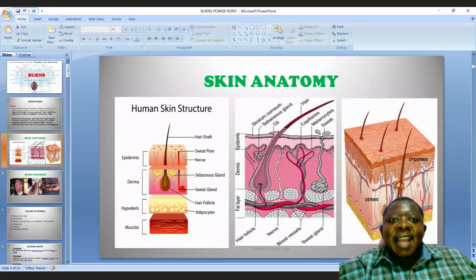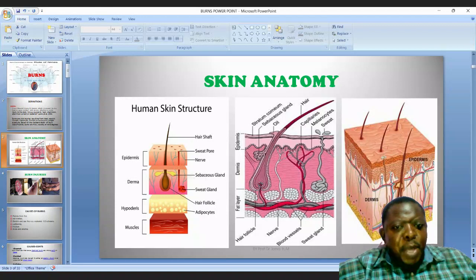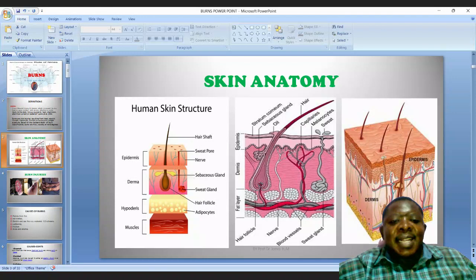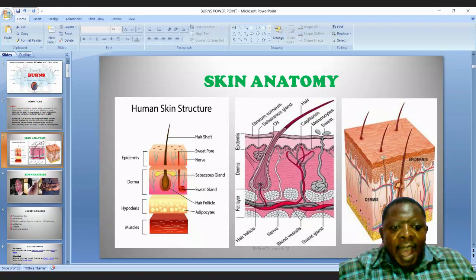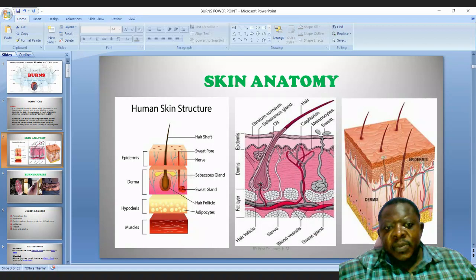The skin has the dermis part, which is the middle layer of the skin. Then at the bottom it has the hypodermis part. So the hypodermis is the fatty layer under the skin. Under the fatty layer, we find the lining muscles.